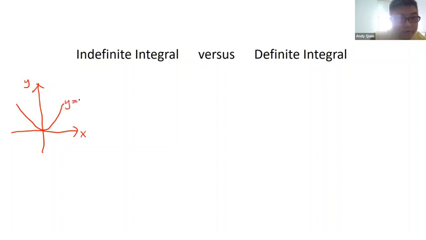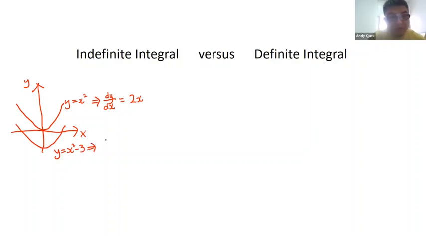We have y equals x squared. If you want to find the gradient at different points on this graph, we differentiate with respect to x, and what you get is 2x. What if we have another graph that is y equals x squared minus 3?